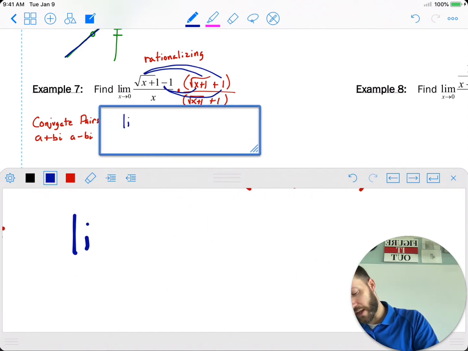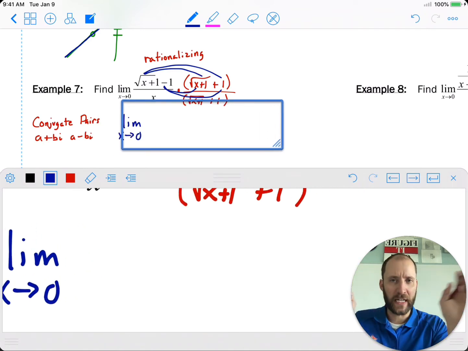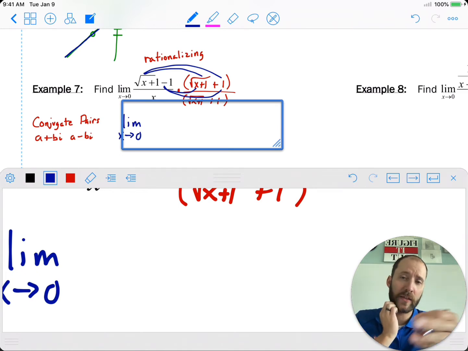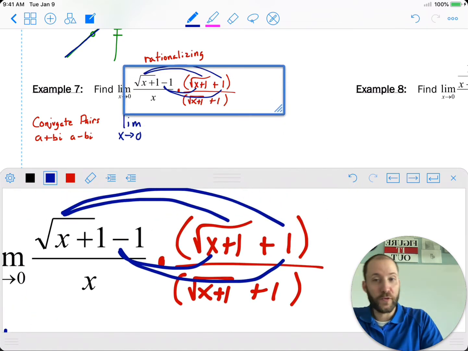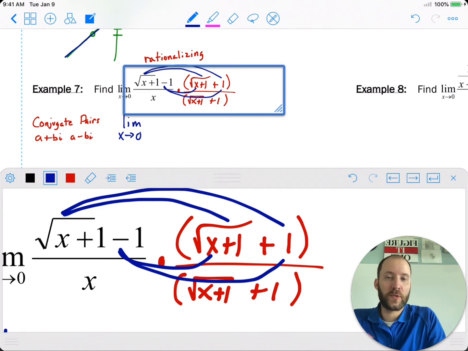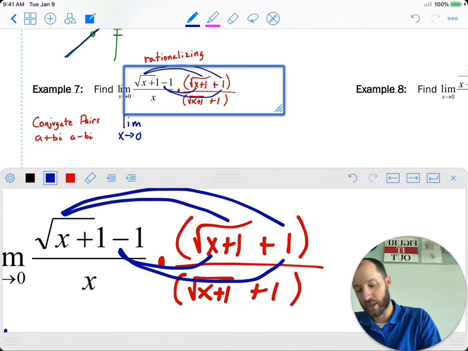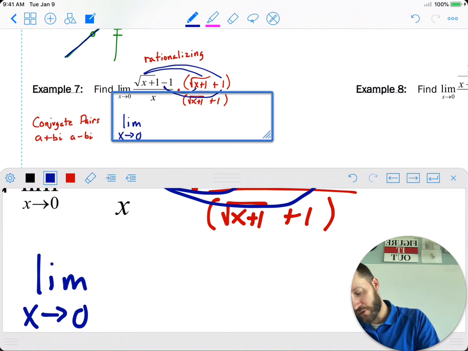So we haven't evaluated the limit yet. Limit as x approaches 0. I'm going to write everything out. Naturally, in the future, when you're good at math, you wouldn't. But I'm going to write it out for the notes for the first time seeing it. The first distribution, root x plus 1 times root x plus 1, gives you root x plus 1 squared.